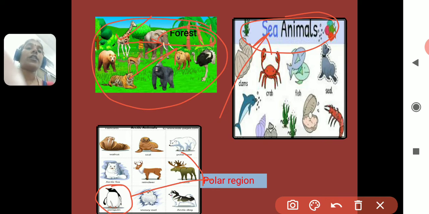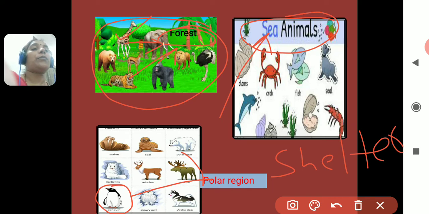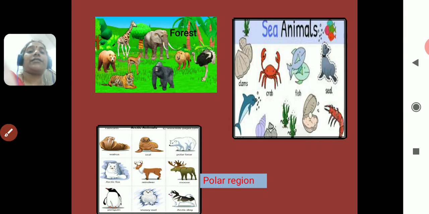So what we can conclude is that animals have habitats where they live. That place is known as habitat. And what does the habitat provide, students? The habitat provides shelter, protection, etc.